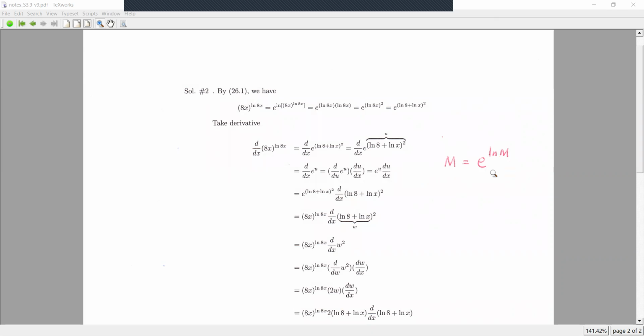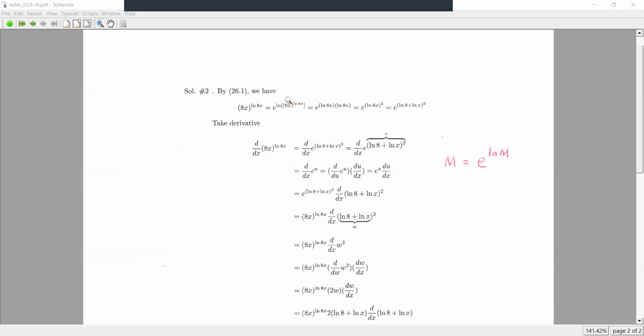Then the right side is the left side. By this formula, I transform the tower function into an exponential function. I raise up the tower function by inserting e to the base. Then I have this equation.